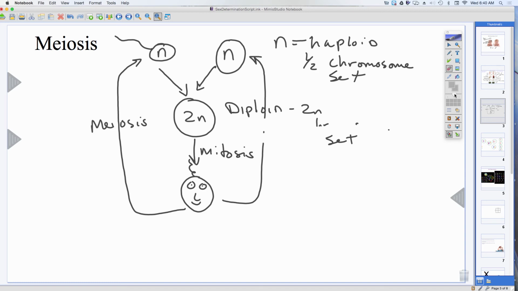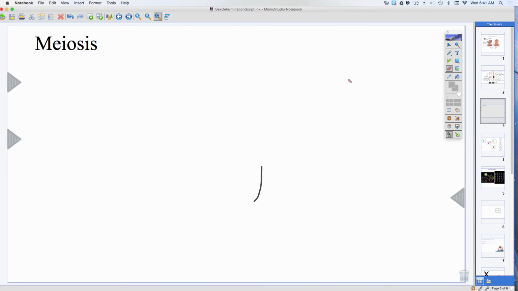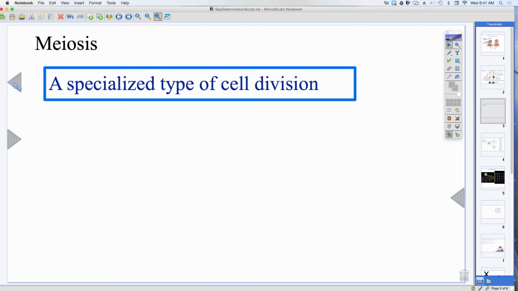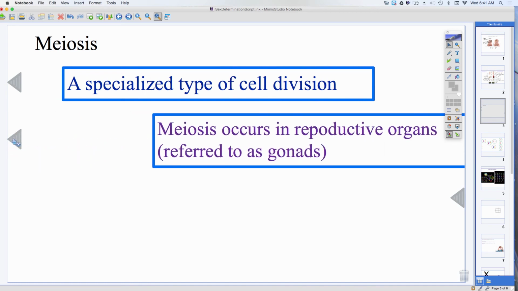So when we look at meiosis and what meiosis is, I just have a couple quick statements for you. We can say that meiosis is a specialized type of cell division. It occurs only in the reproductive organs, and we call those reproductive organs gonads. Plants have reproductive organs as well.